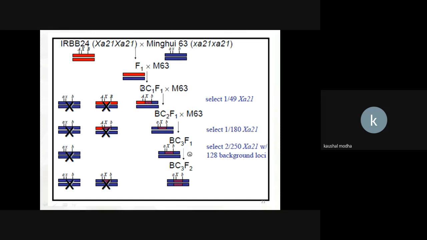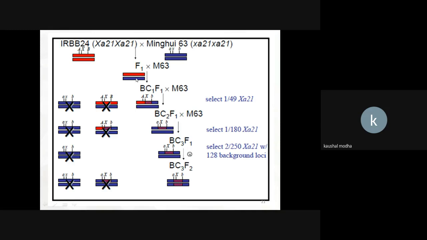Now we'll develop F1 from these two parents. So it will have one homologous chromosome from the donor parent, another homologous chromosome from the recurrent parent. Here, of course, this dominant target locus is present along with the capital A and capital B alleles, and here the recessive allele is present from the recurrent parent with small a and small b on either side.